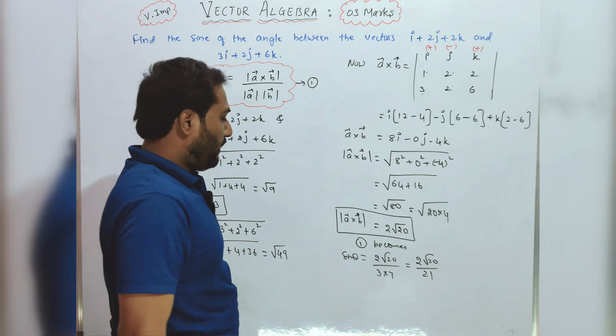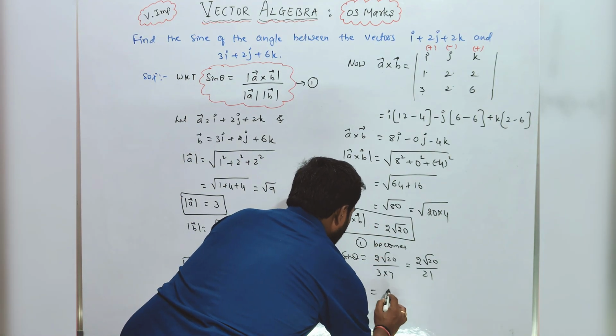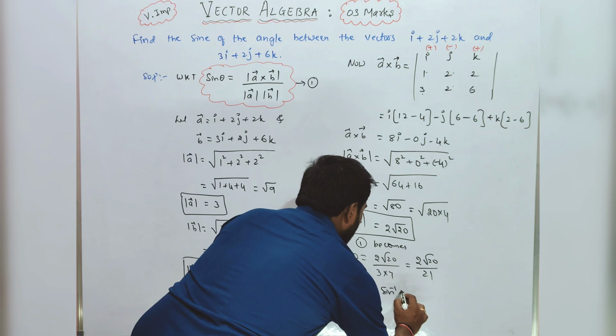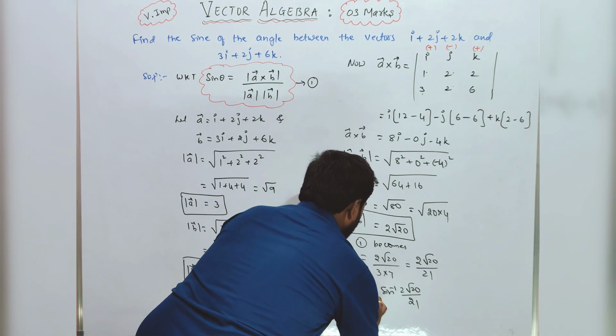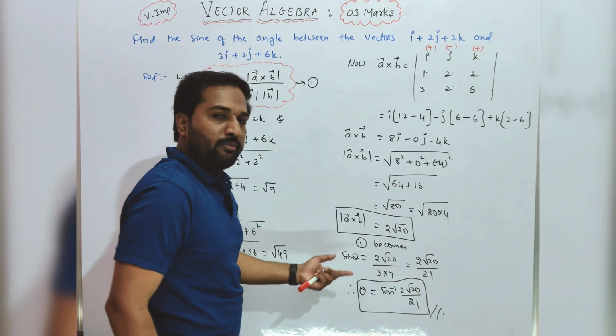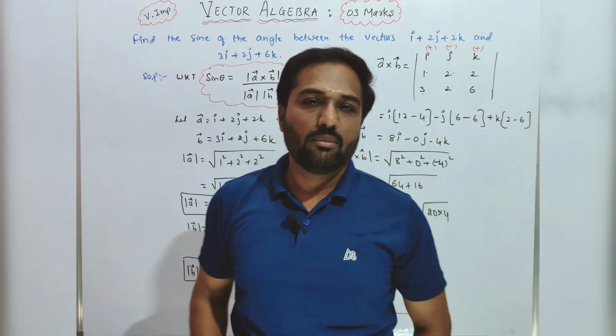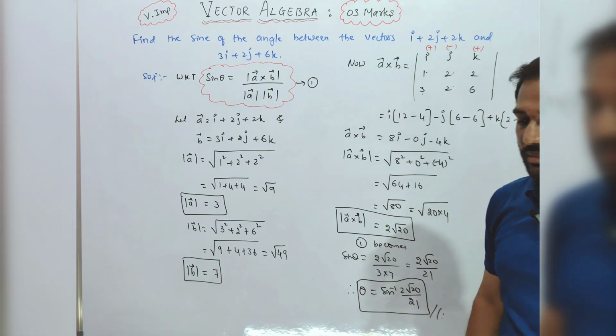There is nothing to simplify. Just transfer the sine to the RHS. Therefore, theta is equal to sine inverse of 2 root 20 divided by 21. This is your answer. Isn't it easy, my dear friends? Just go through this.